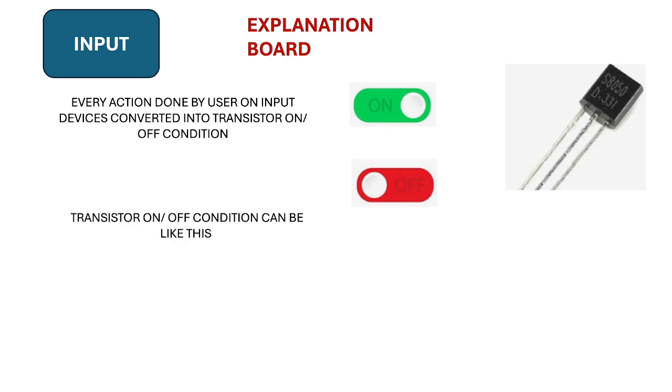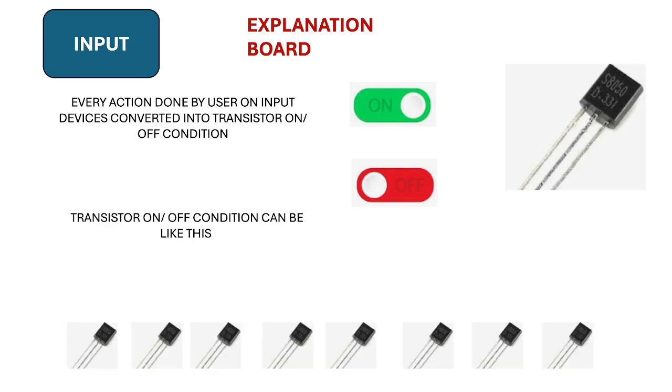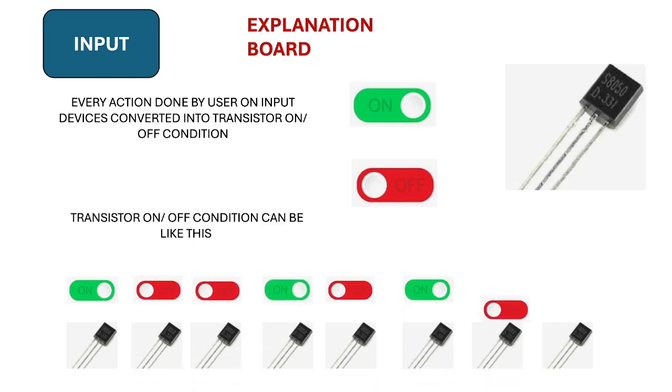But how will this transistor on off condition provide an input to the computer system? Let's understand. For example, consider there are 8 transistors, friends, and as per the electric signals provided to them, they are in on and off states. Now assume this on state is nothing but the higher level of electric signal, which is considered as 1.